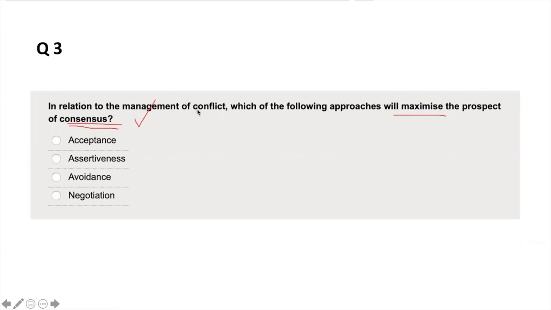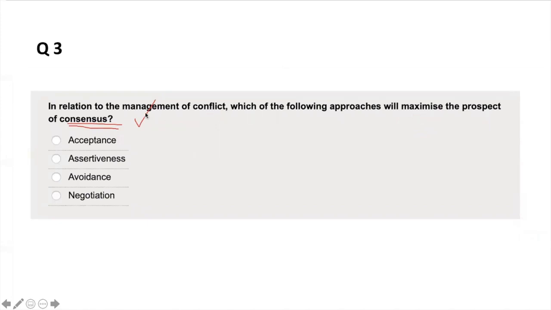So when you have conflict, and of course in every company there's conflict, and that's why in the material for business and technology there is a chapter dealing with how to deal with conflict, okay? In relation to the management of conflict, which of the following approaches will help us reach some sort of consensus? And here we have the options.